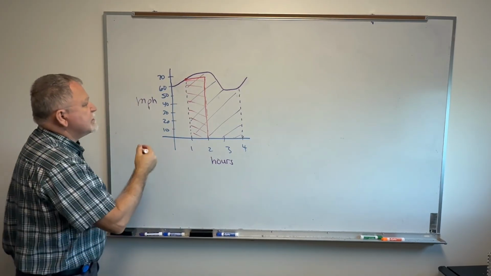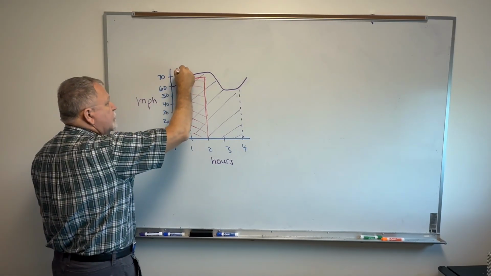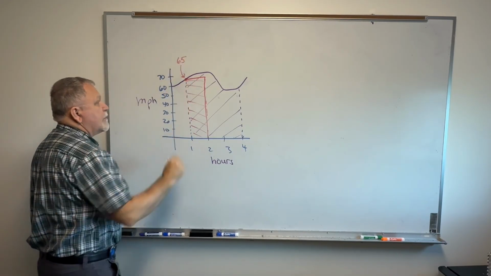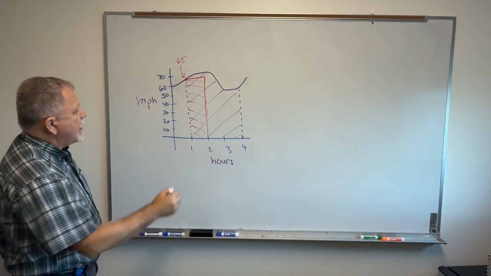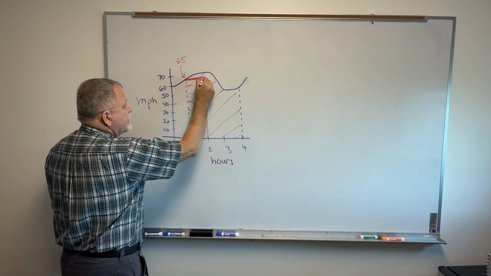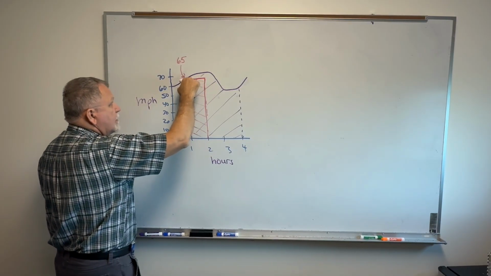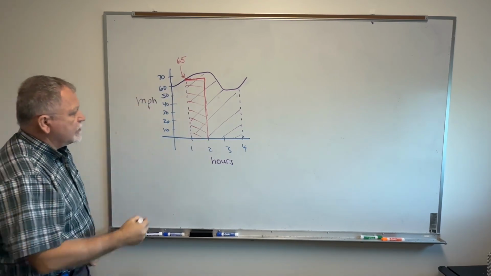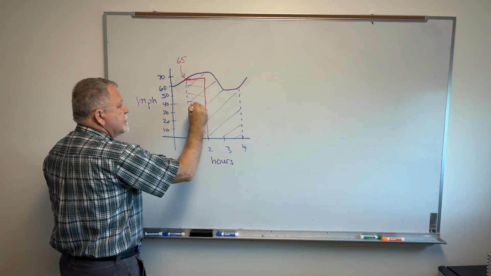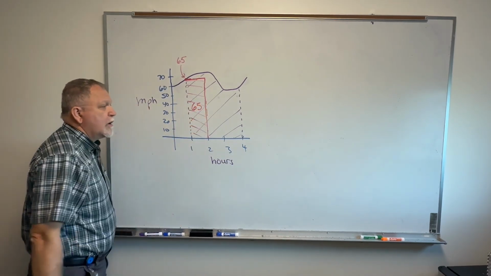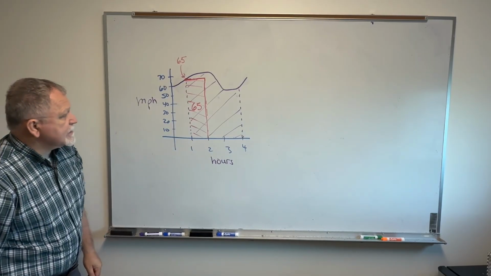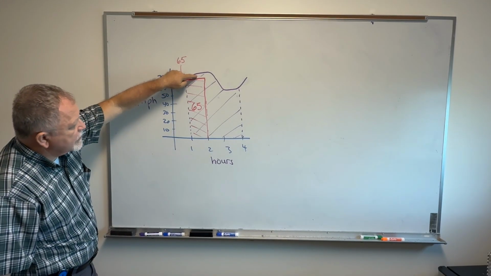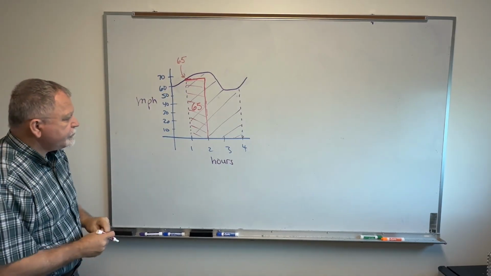Now, just for estimation purposes, let's say this was at 65 miles an hour there. So I've got this first rectangle, and certainly I can figure out the area of that. It's 1 unit wide and 65 units high. So the distance traveled over this hour, I'm estimating at 65 miles. Now, we know that's an underestimate. We can see there was additional area here, but that's an estimate.